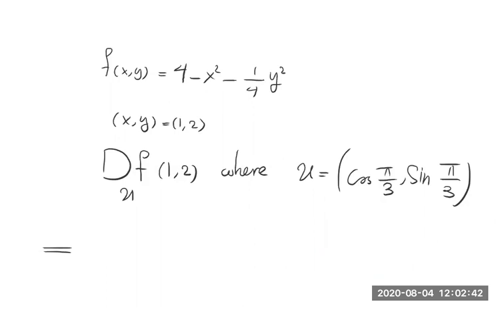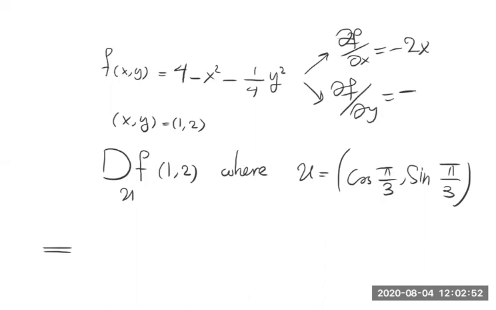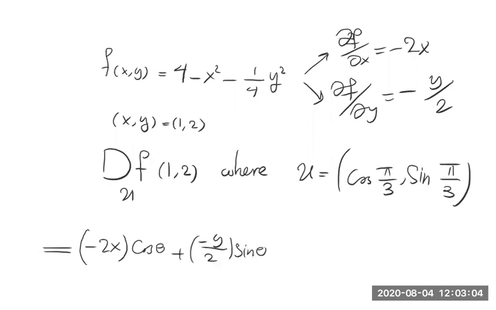So here, the partial derivative of f with respect to x is just minus 2x. Partial derivative of f with respect to y is minus y over 2. So this chain rule says it would be minus 2x cosine of theta plus minus y over 2 sine of theta, which at this point, x is equal to 1, so it would be minus 2.